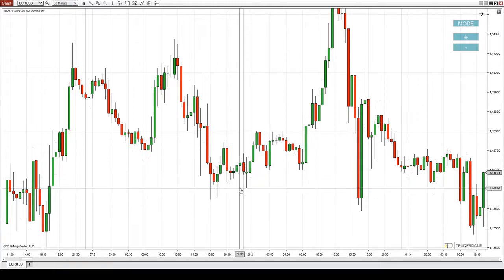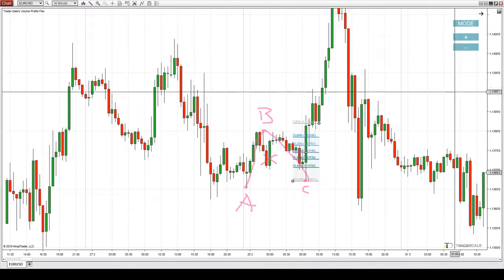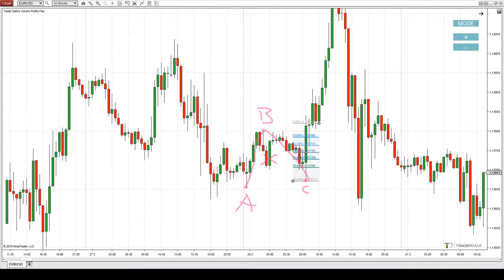Now here's another one. A, B. Now you go to C, which is in here, the lower swing point, not this one, but this one. So you go A, B, C. You move the Fibonacci tool like this, and from here you go short.